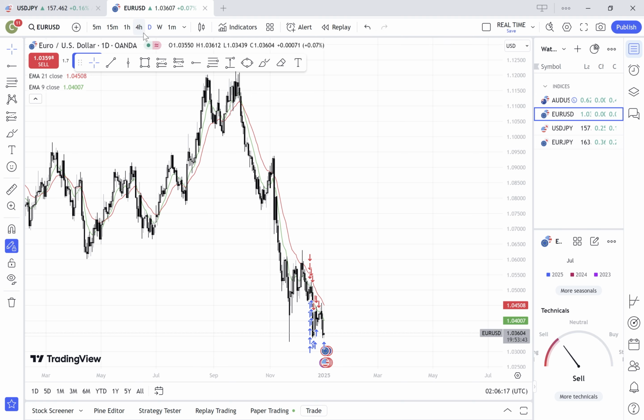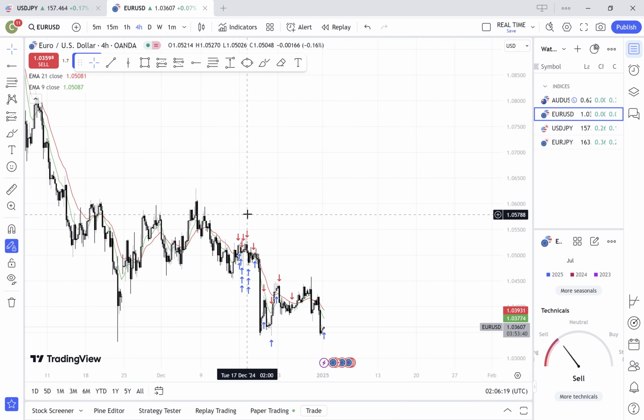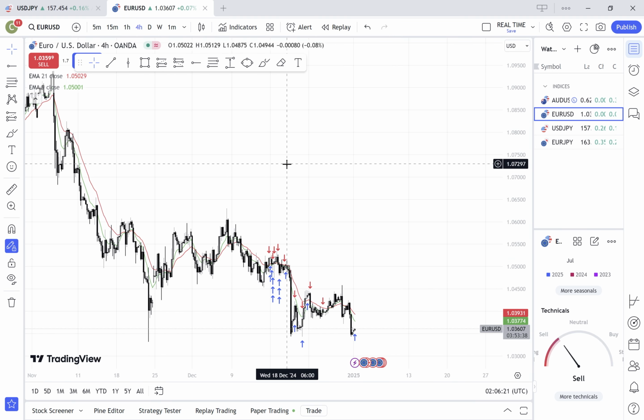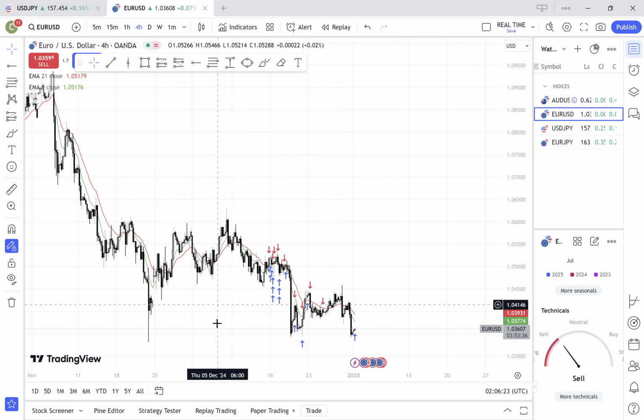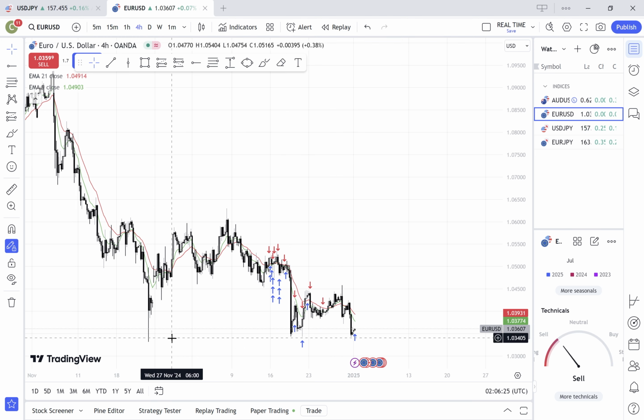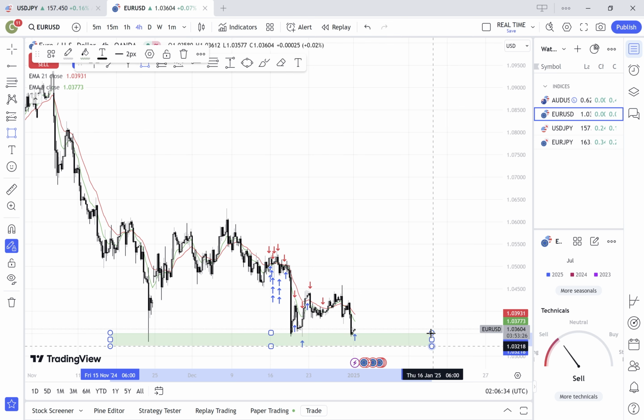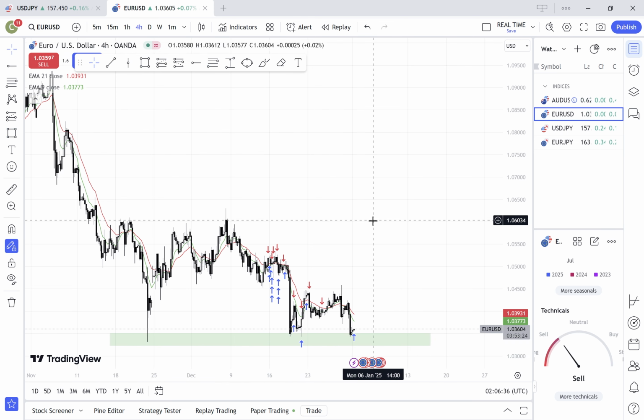Going to the 4 hours time frame, the price seems to be going down, but unfortunately it's hitting this level where the price seems to be, I don't know, maybe hitting up. So maybe this could be a strong zone here. So I think of it that way.